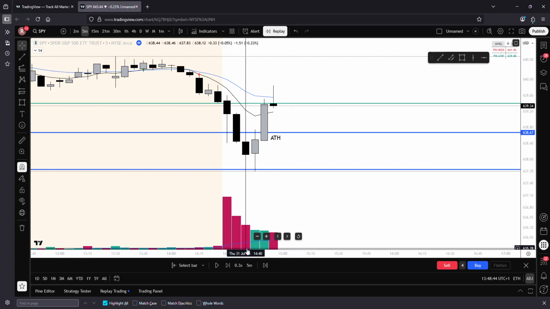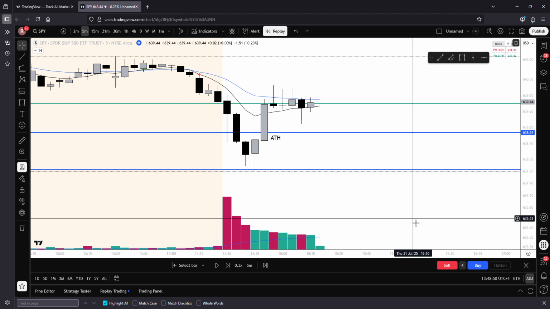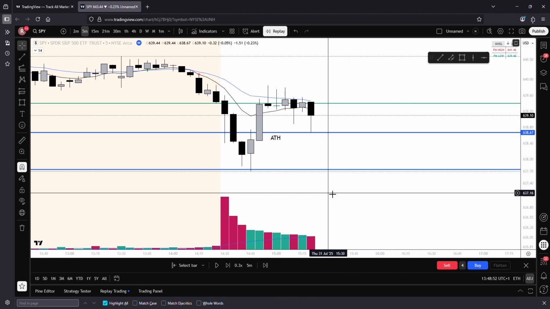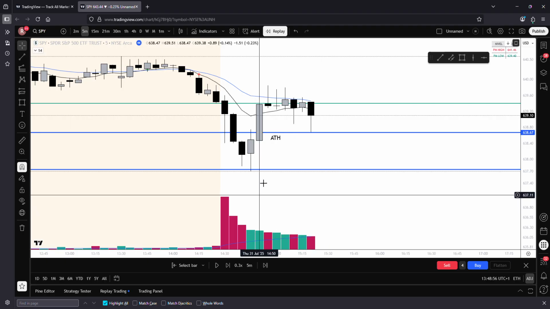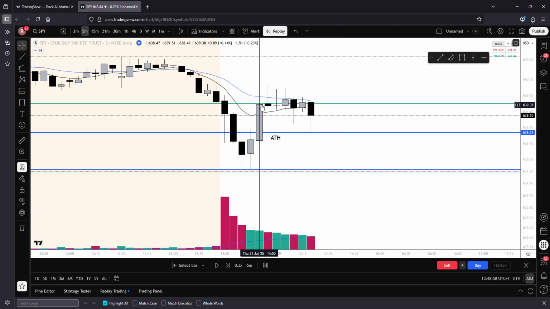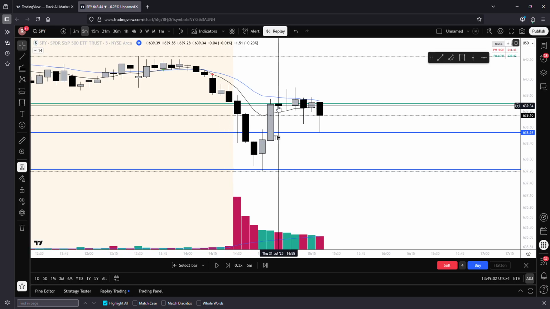So again, if we're looking at this here, what are we getting from here? Ignore this last one, it popped in here. As you can see, came in, just drove the market up to pre-market lows.